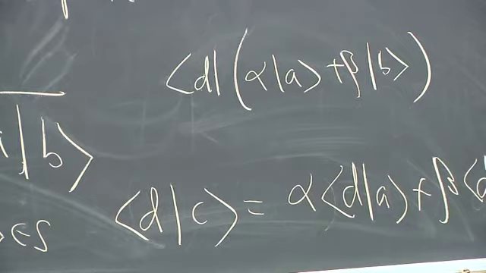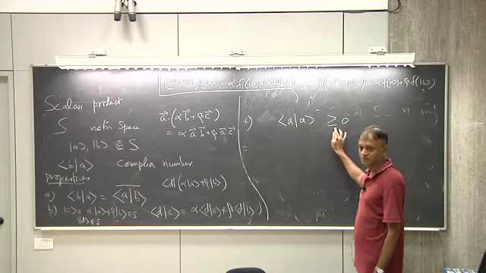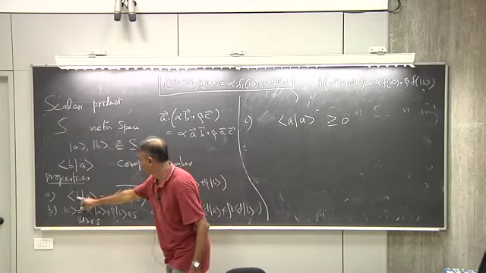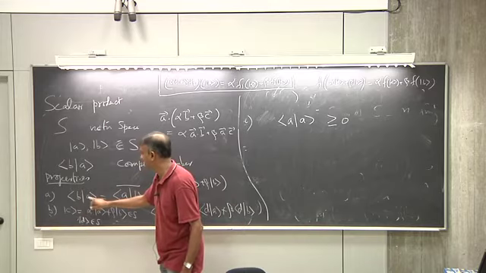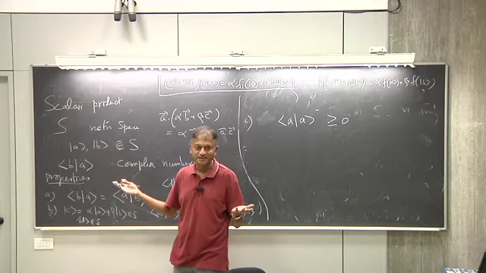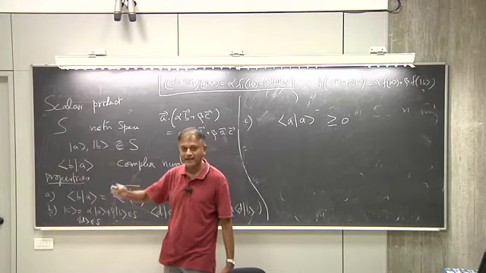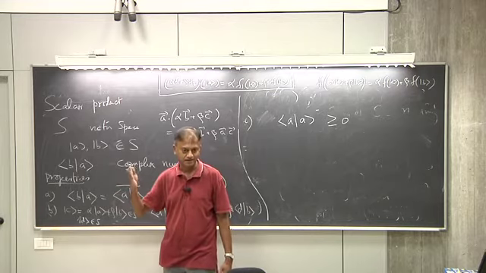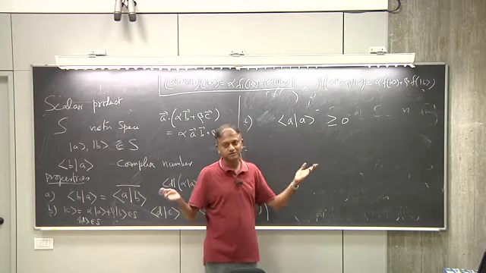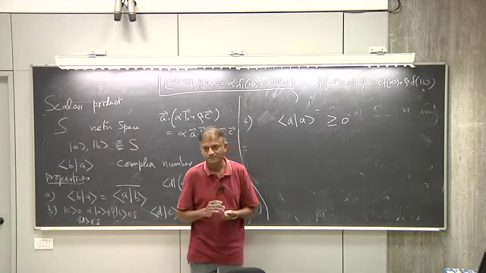Okay. So the third condition is that the scalar product of A with itself is greater than or equal to 0. First of all, you see already from this condition, if B was equal to A, that means A with A is equal to A with A bar, which means that it is going to be real, right. Already this condition tells me the scalar product of A with itself is real. However, what this is saying is that it is not just arbitrary real, it is positive or 0, not negative, it cannot be negative.